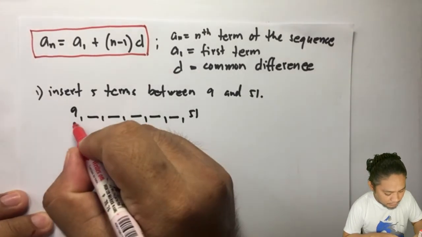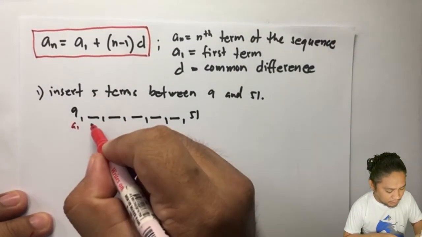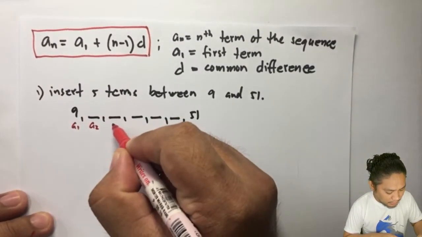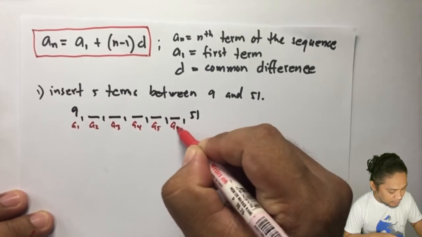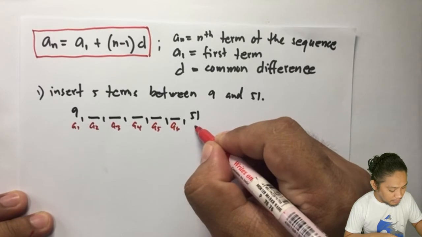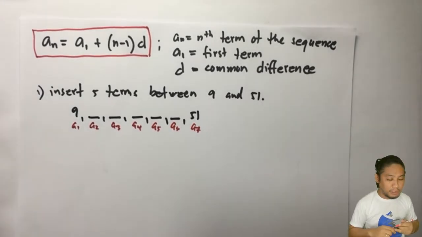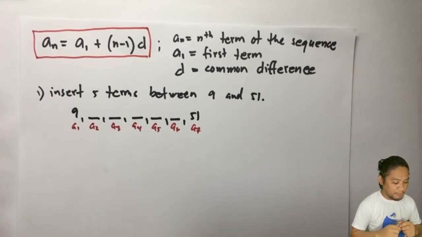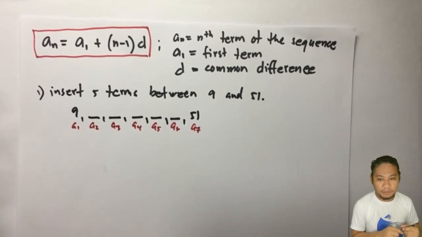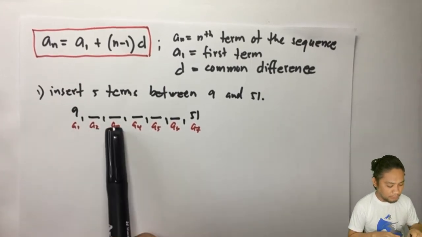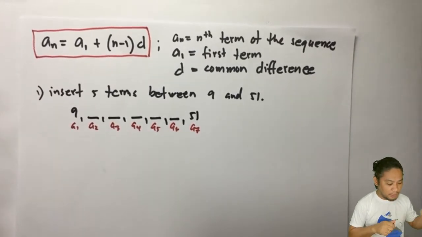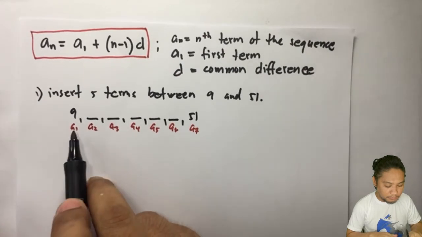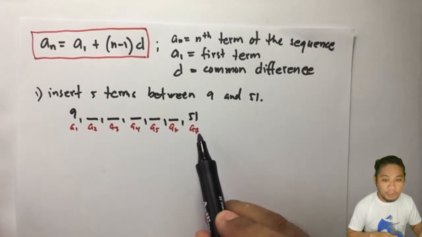So 9 is our first term, and our second term, third term, fourth term, fifth term, sixth term are going to be the arithmetic means that we're going to insert between 9 and 51. So 1, 2, 3, 4, 5 terms to be inserted. As you can see, 9 is our first term and 51 is our seventh term.